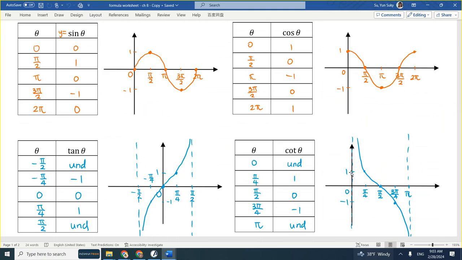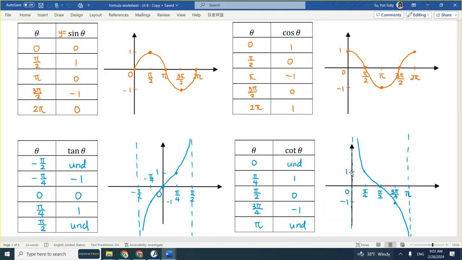The tangent is from minus pi over 2 to pi over 2, so the period is now pi. We also look at the 5 key points. This range is pi, and you divide it into 5 subintervals. We get minus pi over 2, minus pi over 4, 0, pi over 4, and pi over 2, and then we get the y values.